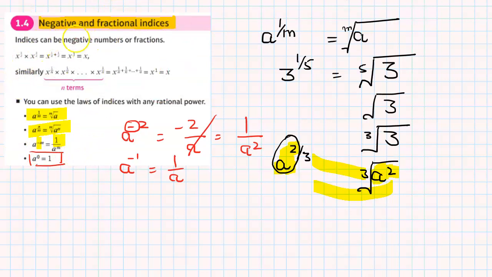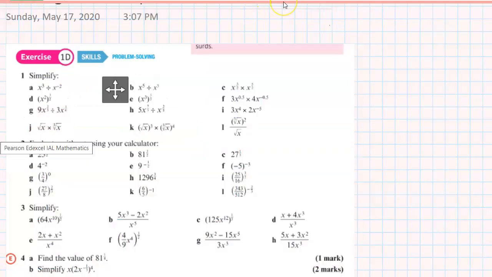Now let's move to the exercise. So this is exercise 1D based on the indices. The first question is x cubed divided by x to the power minus 2. You know that when the division sign is there, we put another negative sign here.